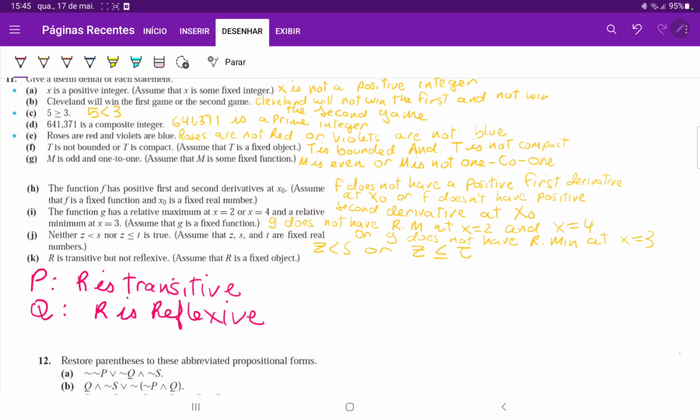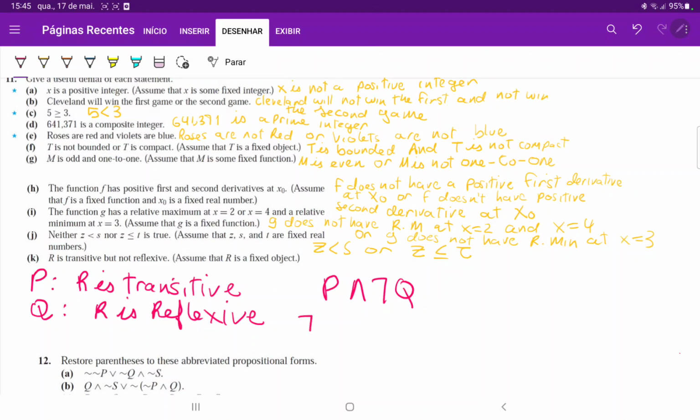The way that we should interpret it is that but not means and it is not. So just be very careful with the wording. It's transitive and it is not reflexive. This is what but not means. So the propositional form is P and not Q.